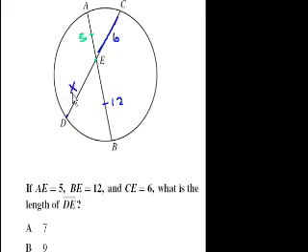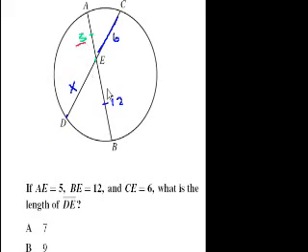Let's call that X. Now, I'm not going to prove it here just to save time, but there's a neat property of chords within a circle. If I have two chords intersecting in a circle, it turns out that the two segments of each chord, when you multiply them by each other, are always going to be equal to the same thing. So in this case, 5 times 12, let me write that down.